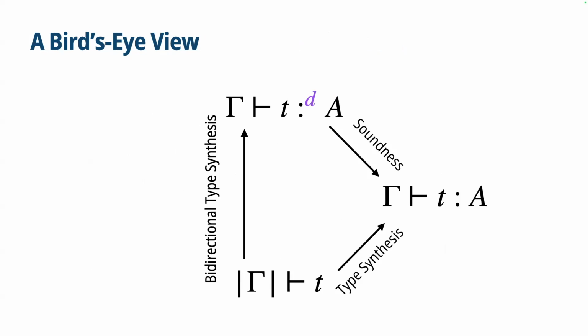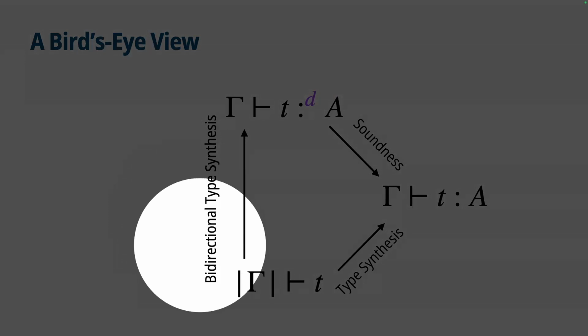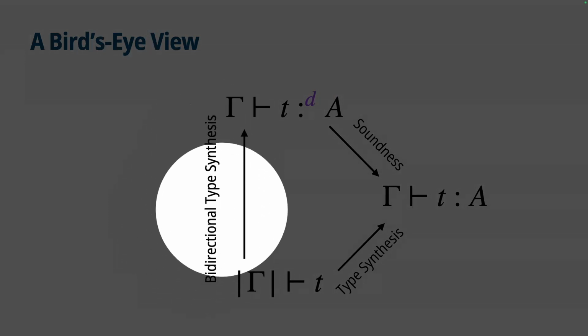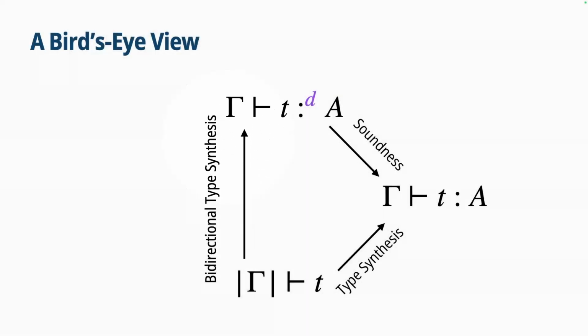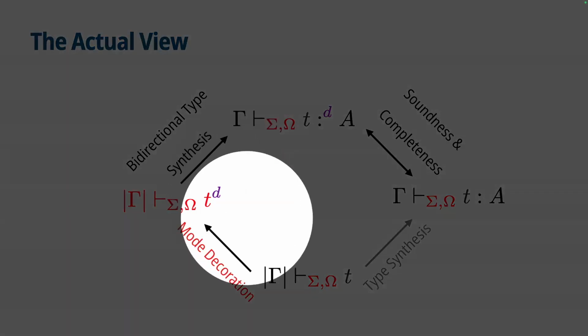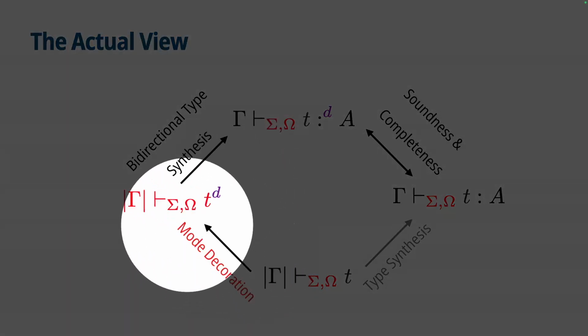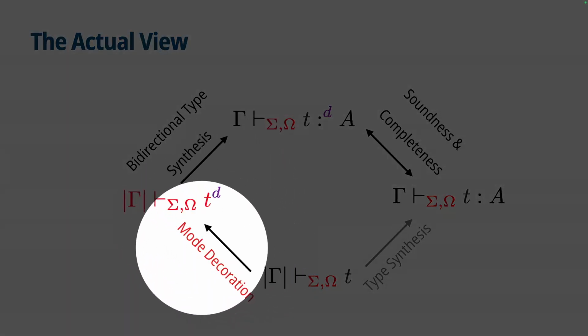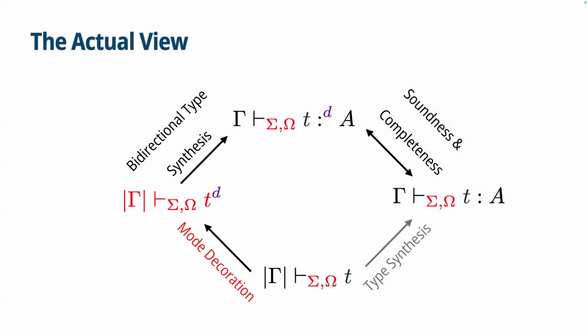Previously we only talked about this mode correctness condition vaguely, as one process. But in the actual development, we refine this process a little differently. We refine it with another step called mode declaration. We'll come back to this.